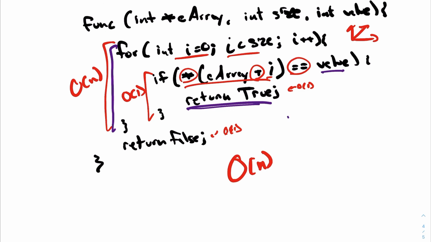Remember that we're doing worst case, which means that we don't care about early outs. We don't care about the idea of the function not running to completion. In the worst case scenario, this function runs 100% until it gets to the very end, until it gets to this line here. So this is big O of n. That's the answer for this.